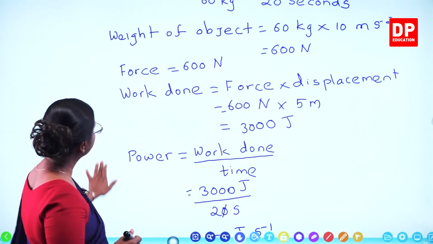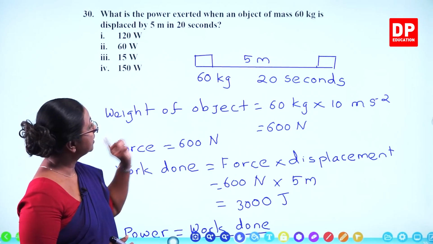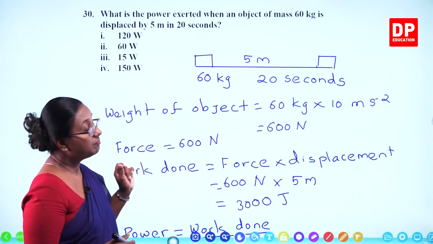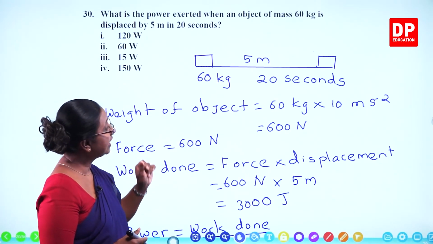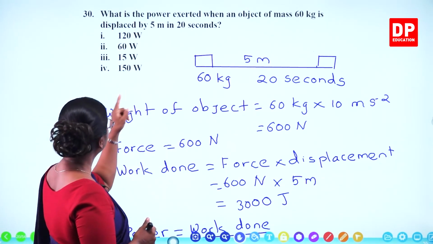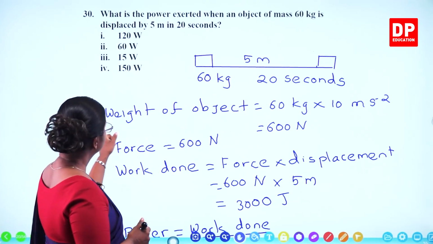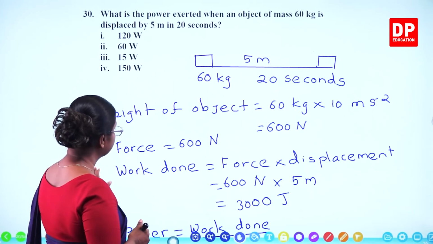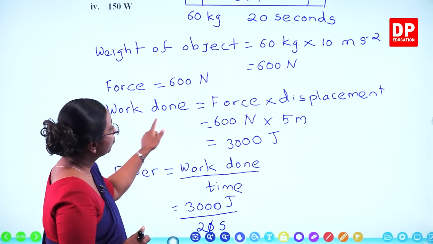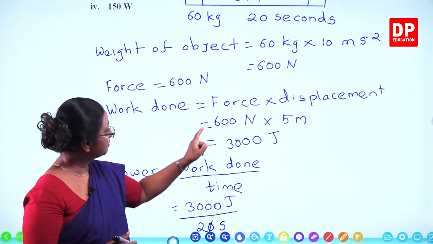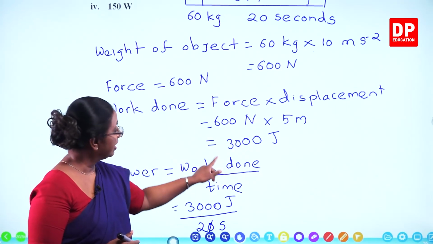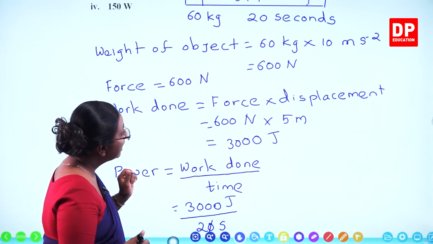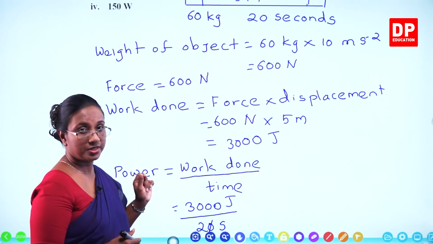So if you go back and check, this is what happened. A 60 kilogram object moves a distance of 5 meters in 20 seconds. They want you to calculate the power. So weight of the object is 60 into 10, that's 600 Newton, that is the force exerted. So work done is force into displacement, that is 600 into 5, that gives you a value of 3000 joules.